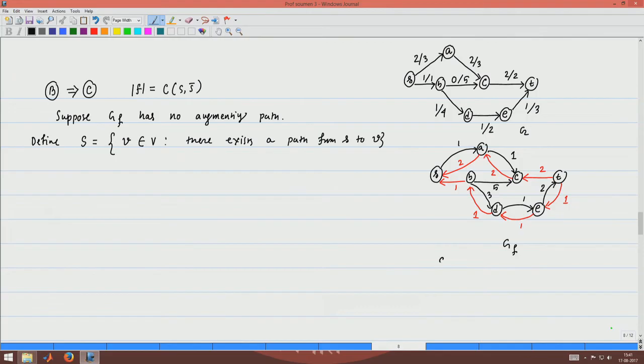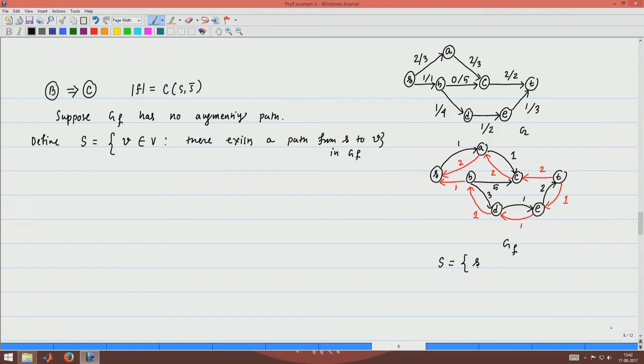In this example, S is the set of vertices which are accessible from S, that means there is a path from S to those vertices. So S consists of the source node itself, and from S you can go to A using this forward edge in the residual network. Sorry, I forgot: a path from S to V in G_F, this is important, in the residual network.